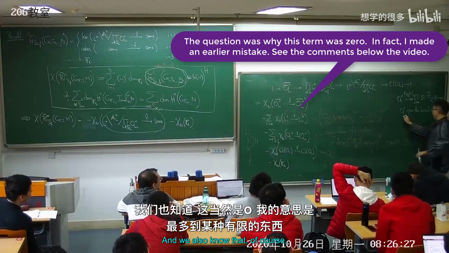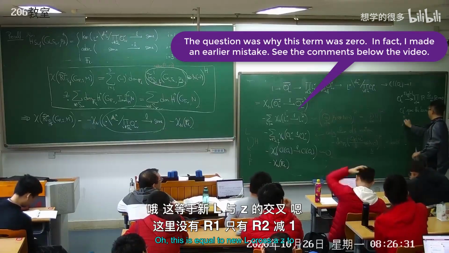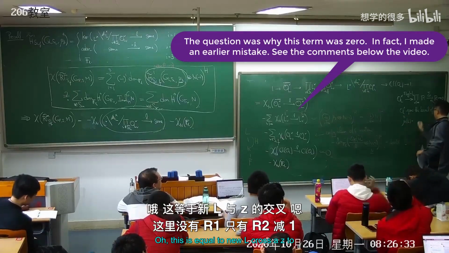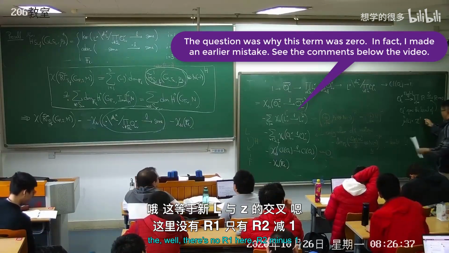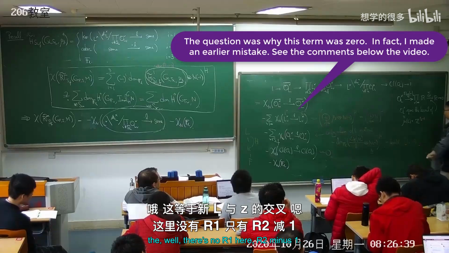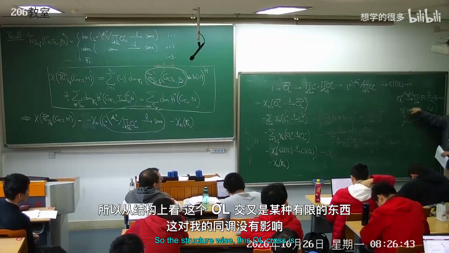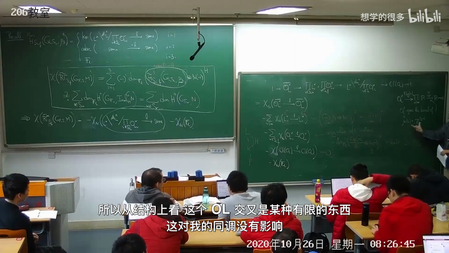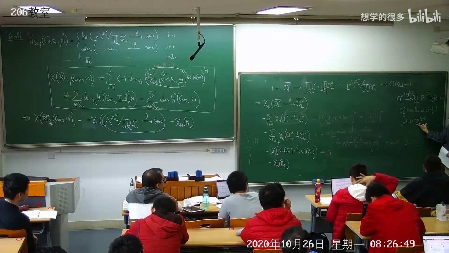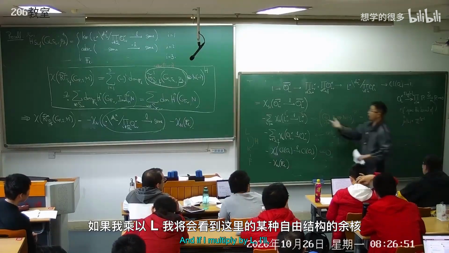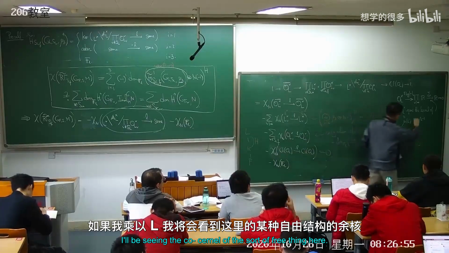And we also know that, up to a finite thing, this is equal to mu L cross Z to the R2 minus 1, there's no R1 here. So the structure-wise, this OL cross is some finite thing, which doesn't matter for my formalism, times some free thing. And if I multiply by L, I'll be seeing the co-kernel of the free thing here.